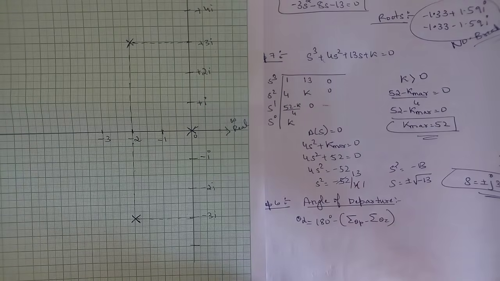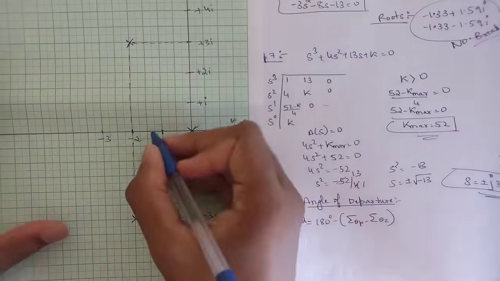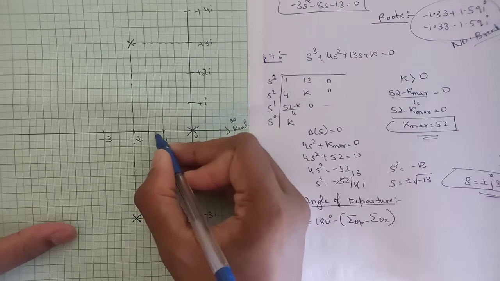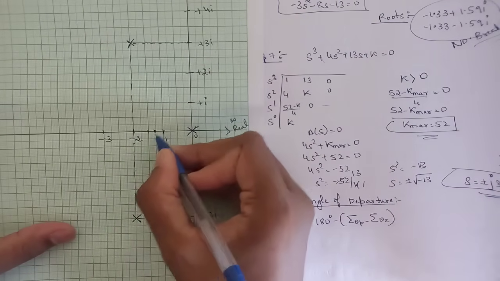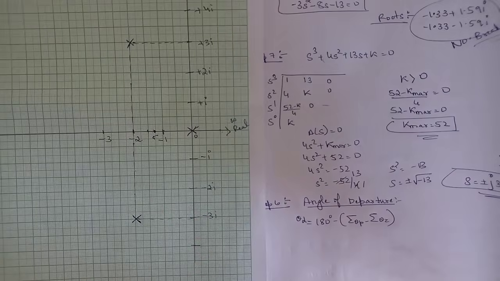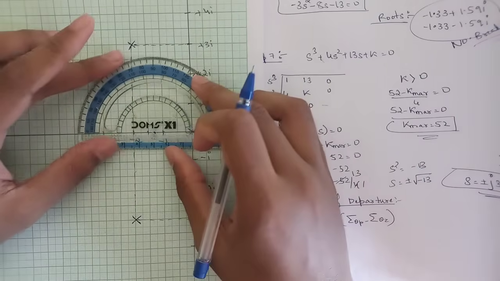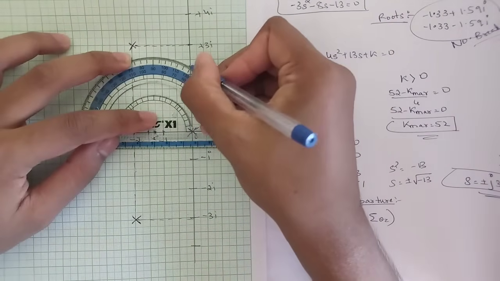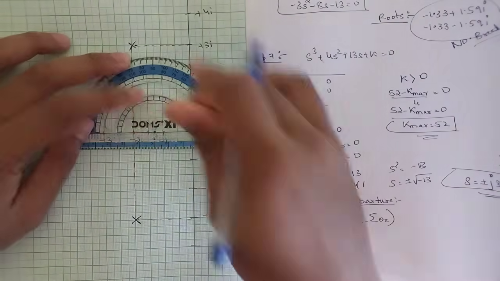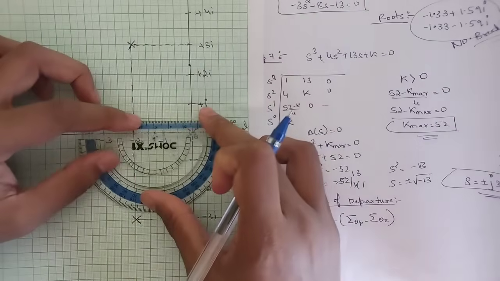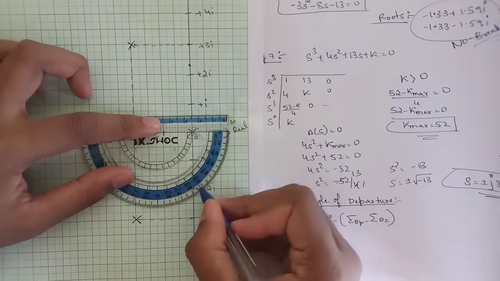After that there is one centroid here, right? Because we have calculated asymptotes and angles of asymptotes. That centroid is at minus 1.33, so this is minus 1.5, so somewhere here the centroid would be coming, sigma. Okay, from this centroid we are going to draw the angles of asymptotes, that is 60, 180 degree and 300 degree. So 60 degree, 180 degree straight like this, and 300 degree means from downward 60 degree.